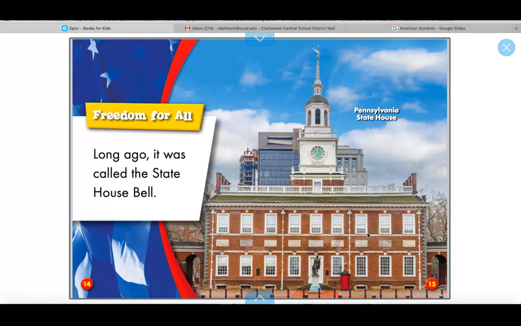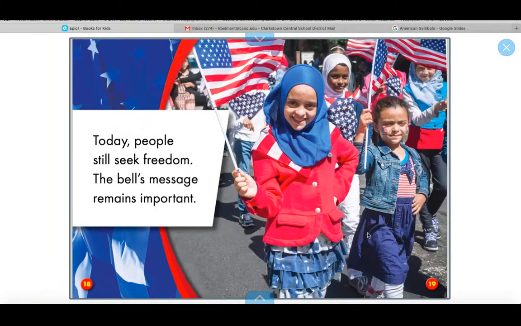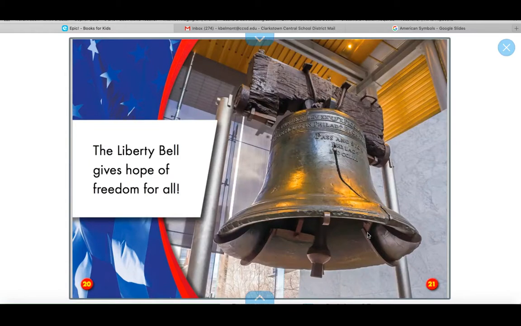Long ago, it was called the State House Bell, and that's Pennsylvania State House. People who fought slavery named it Liberty. Early women voters used it as a symbol too. Today, people still seek freedom. The bell's message remains important. The Liberty Bell gives hope of freedom for all.